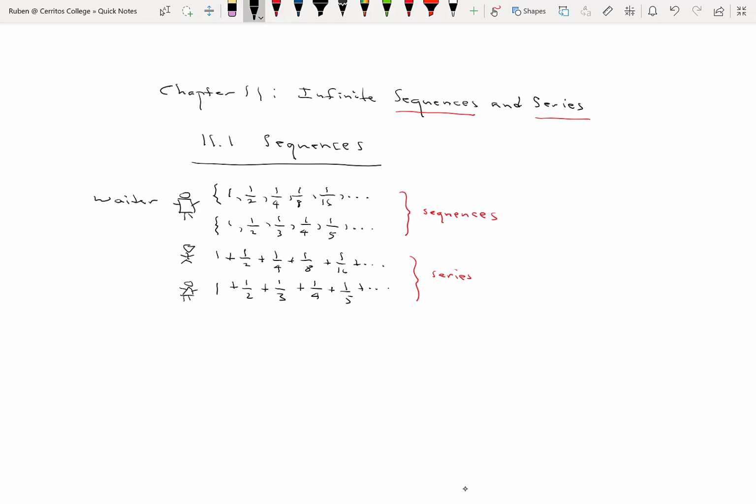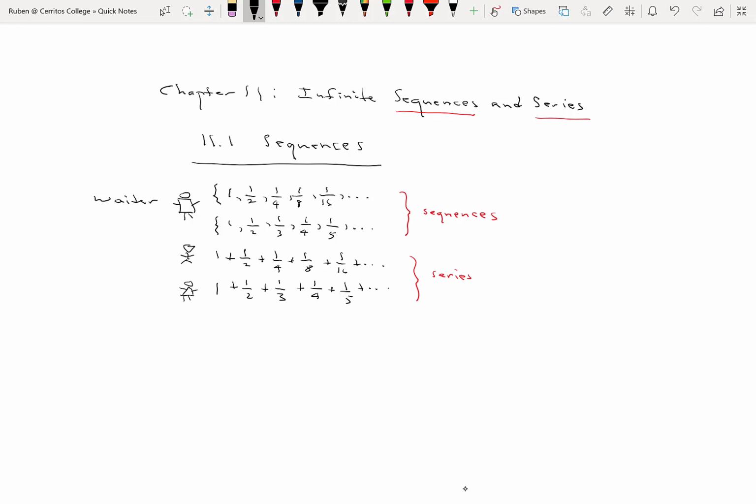In fact, the concept of convergence is the central topic for all of chapter 11. And it's a very difficult topic to approach. So this is partially why this chapter is the most difficult chapter in the entire course, is that the concept of convergence is very, very difficult to get a handle on. So we're going to unpeel that onion, the onion of convergence versus divergence, as we go through the chapter.